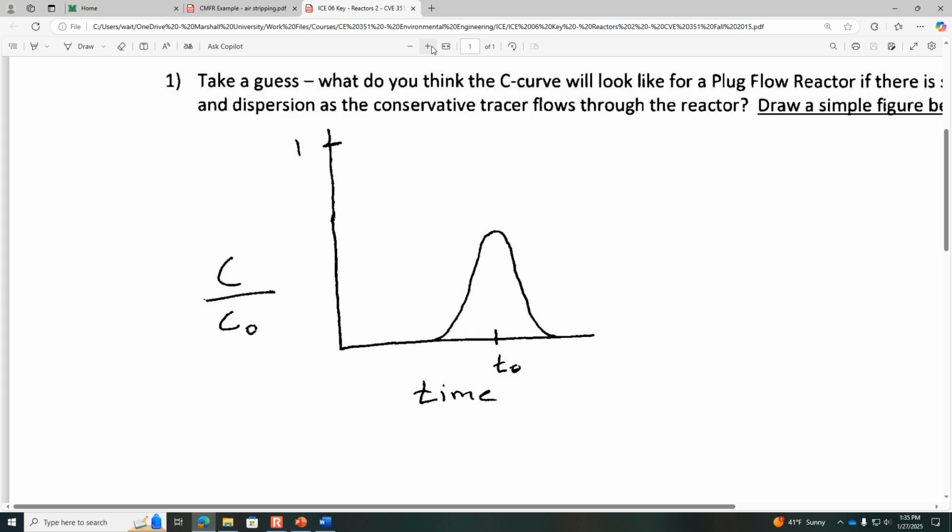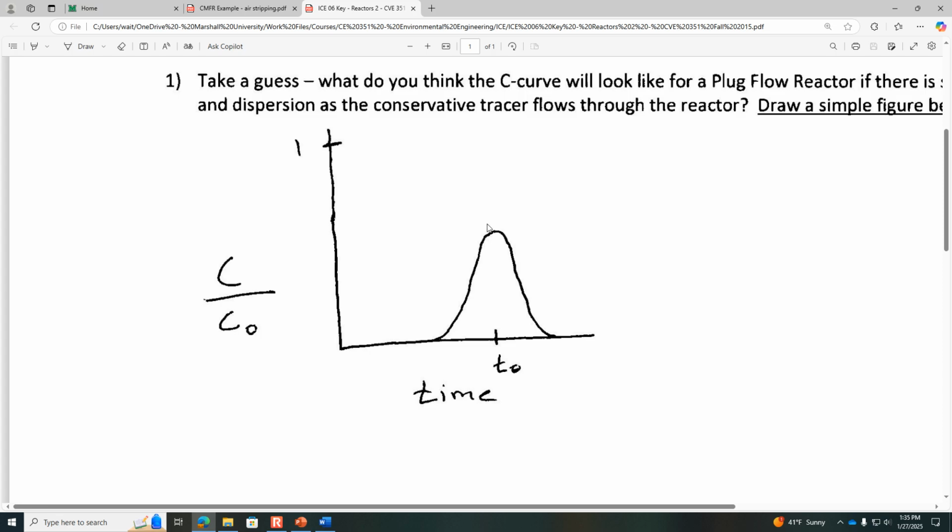So the real world is going to cause the fact that these ones that are ahead of the average, they somehow got ahead of most of the other particles. There will be some molecules of the dye that exit the reactor before the hydraulic detention time. They spend less time in the reactor than the average particle does.